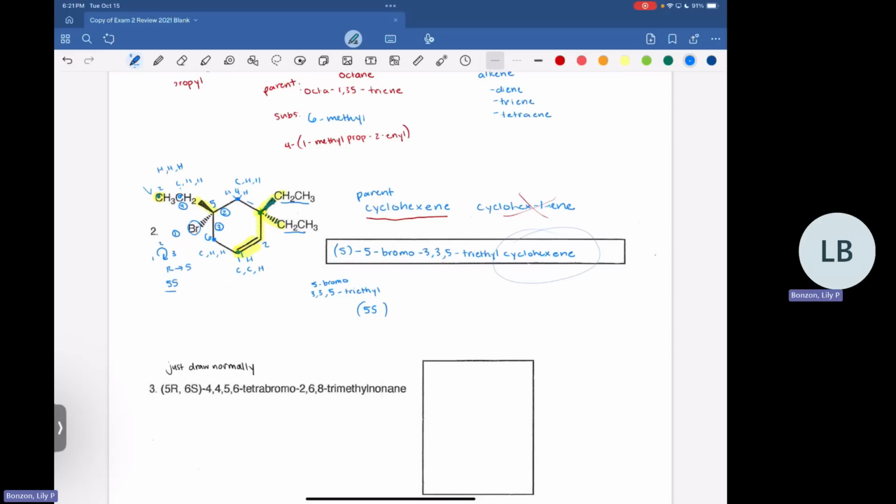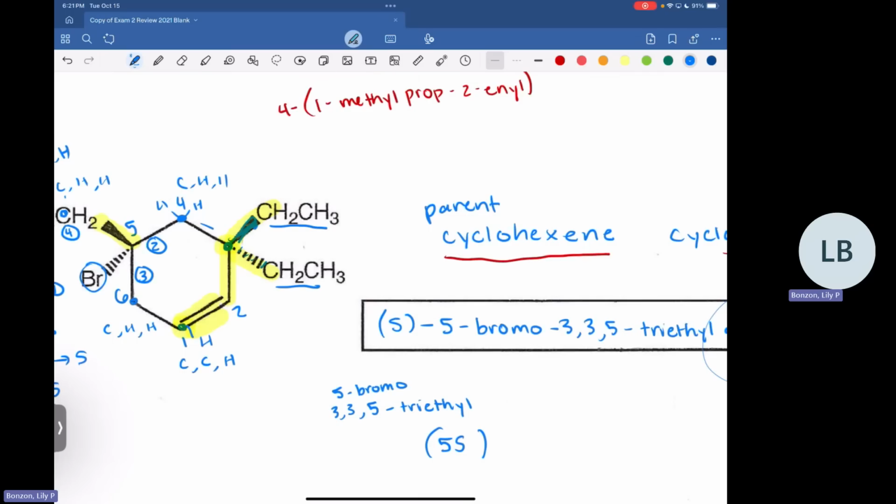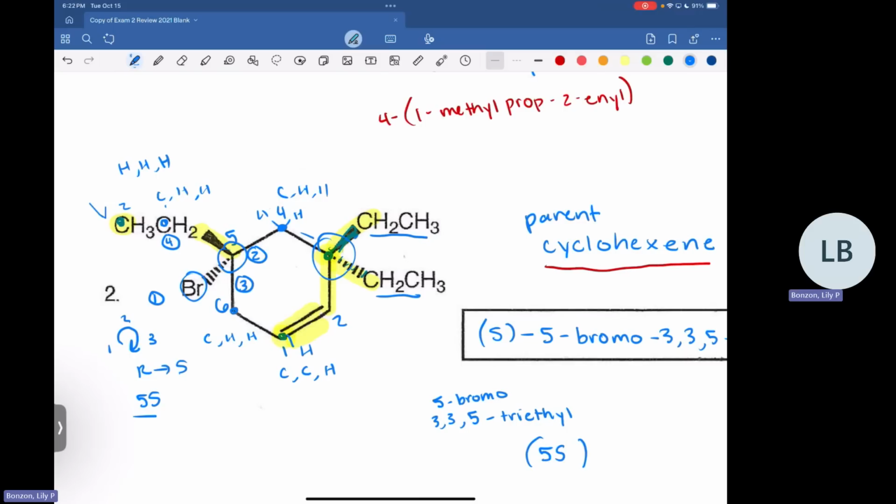And then R and S, usually it's when you see the wedges and dashes, although not always, because as we saw in this one, the ethyl groups were on wedges and dashes, but we didn't do it in that case. The official reason why you do R and S is when that carbon has 4 different groups. That's why we didn't do it for this carbon here, because it has 2 ethyl groups. If they're the same group, you can't do R and S. But for this one over here, all the groups are different, so then you do R and S.